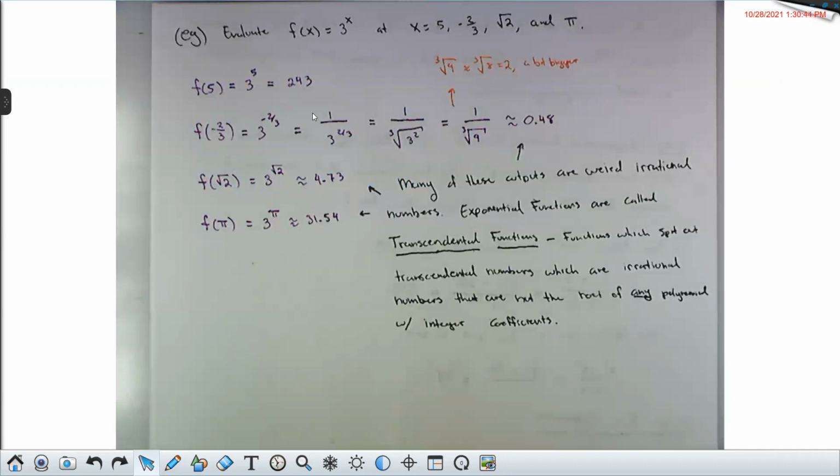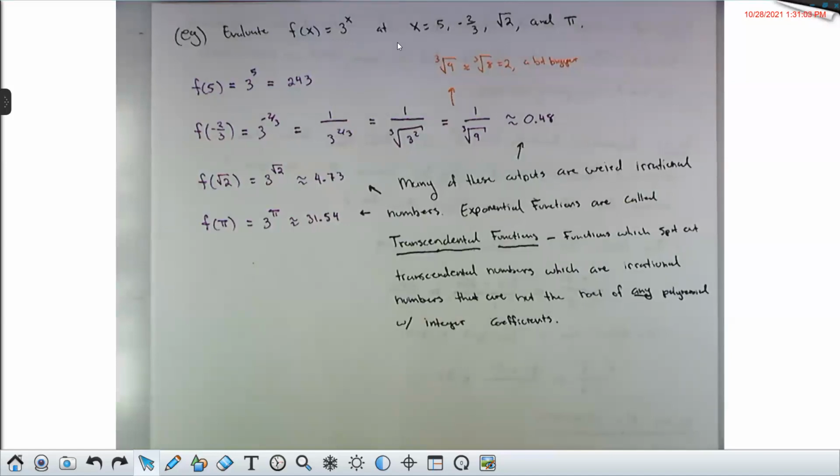The next thing I'd like to do is to sketch a couple of graphs for you. I want to graph this function, 3 to the x, and a closely related function, 1/3 to the x, and see if we can notice some similarities and differences between them. And also use them as models to classify broader families of exponential functions.